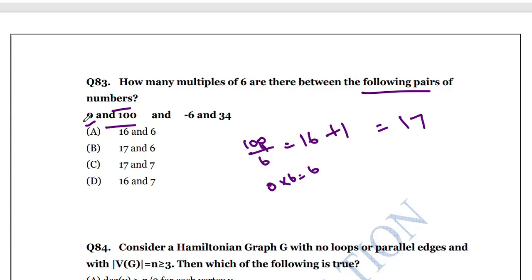In between 0 and 100, how many multiples of 6 are there? That is 17. And between minus 6 and 34, how many numbers are there?